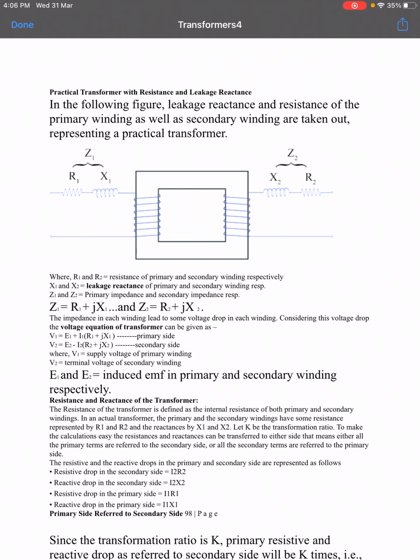To make the calculations easy, the resistances and reactances can be transferred to either side. That means either all the primary terms are referred to the secondary side, or all the secondary terms are referred to the primary side.